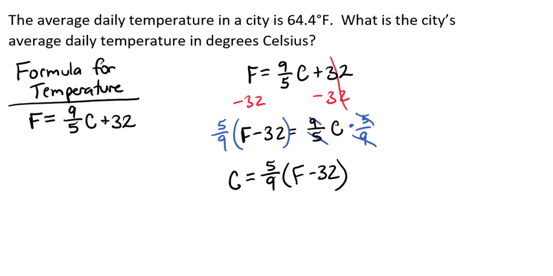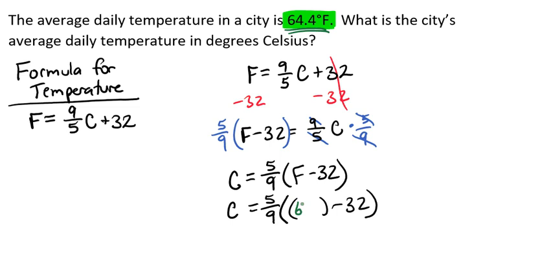And I'm just going to go ahead and plug in, because I know that the temperature in degrees Fahrenheit was 64.4. So Celsius equals 5/9 times Fahrenheit minus 32, and our Fahrenheit temperature was 64.4.